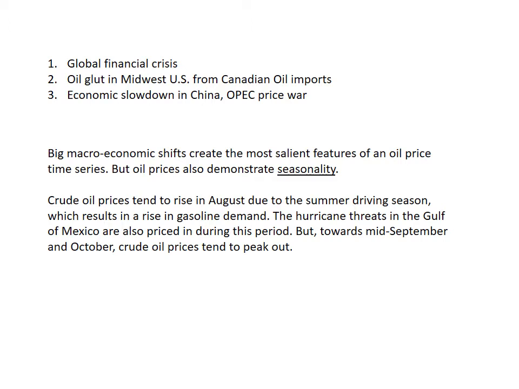Number two, where the price for West Texas Intermediate oil was much lower than Brent crude, had to do with an oil glut in the Midwest United States from unconventional oil production in the Bakken and in Canada, and the oil could not get down to export markets in New Orleans, and so the price of oil internally in the Midwest became really, really low.